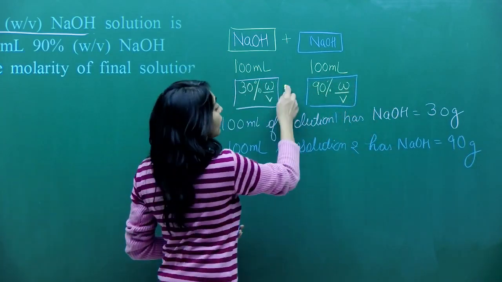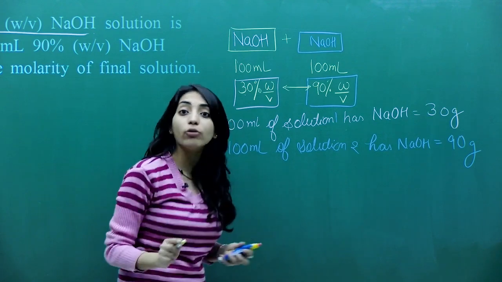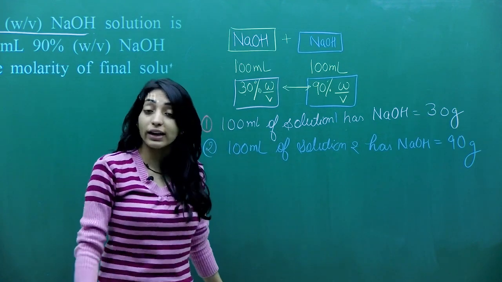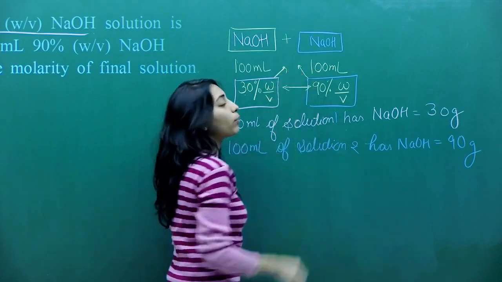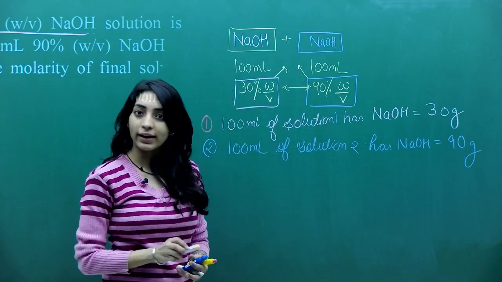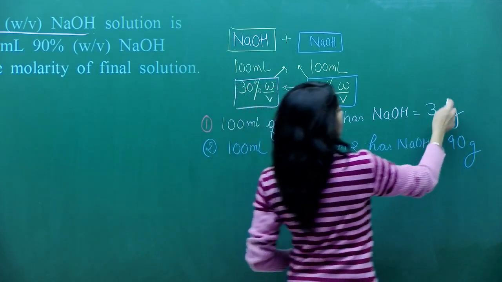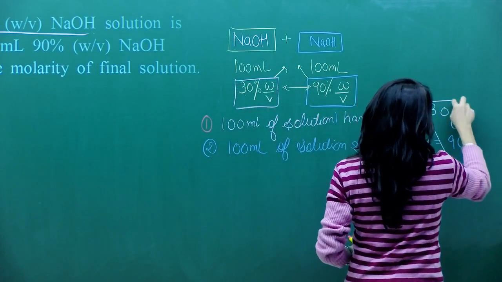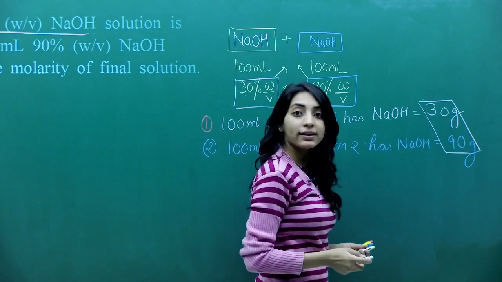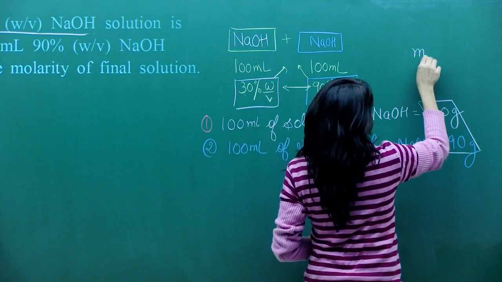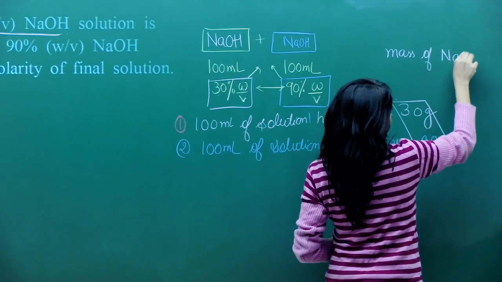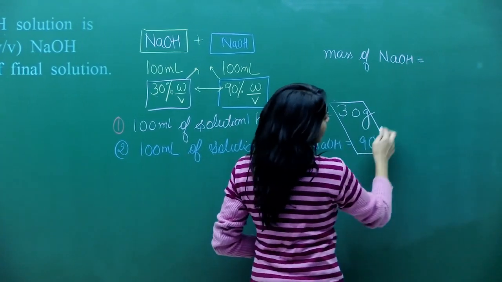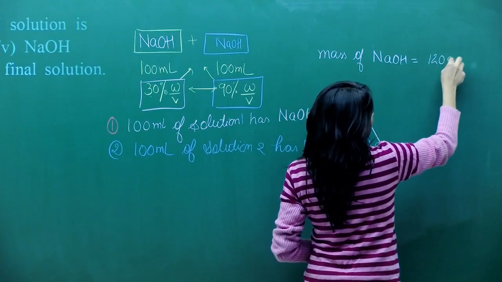Guys, the two solutions might have different amounts of NaOH, but that doesn't mean the NaOH is different. In both the solutions NaOH is the same, right? So the total mass of NaOH will be 90 plus 30, which is 120 grams.